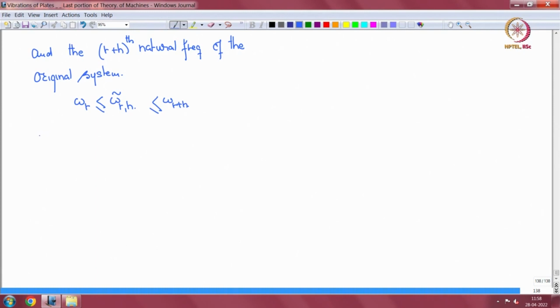If you have an original correct mode, original exact mode, and instead of that you substitute an admissible function, that is like implementing a constraint.